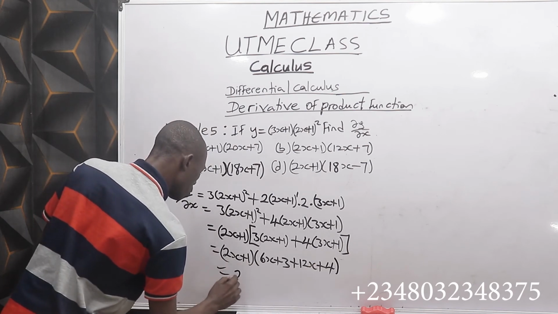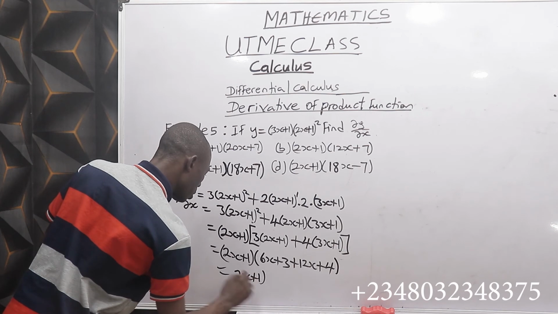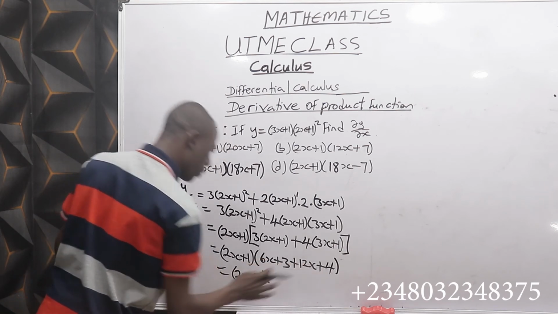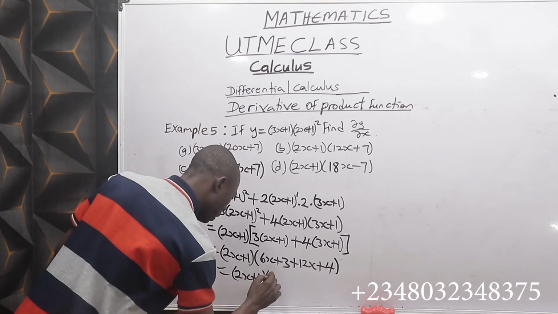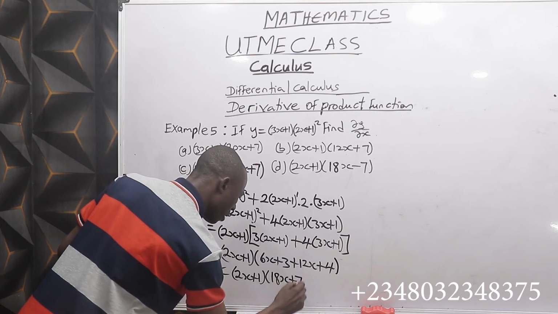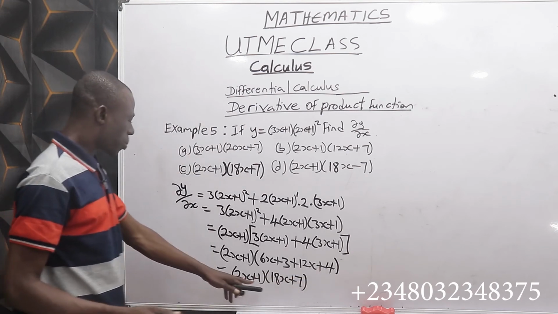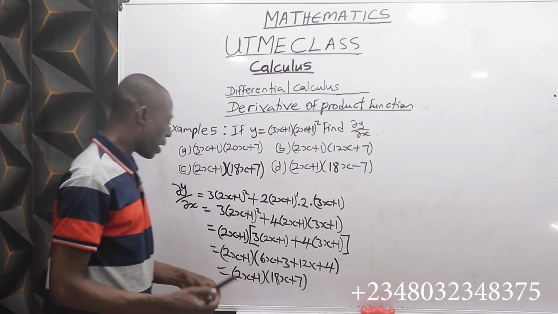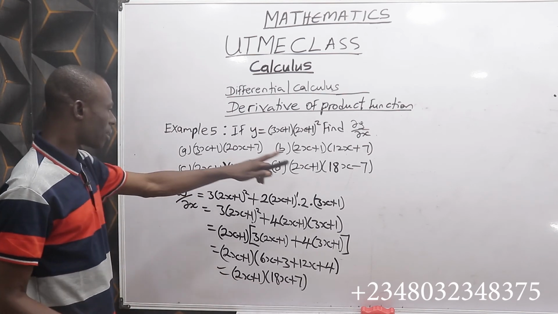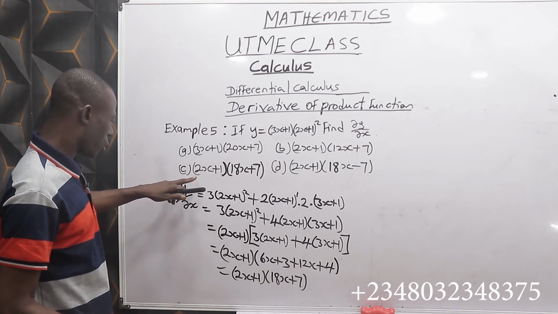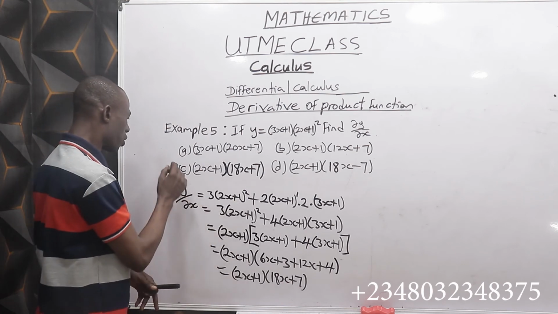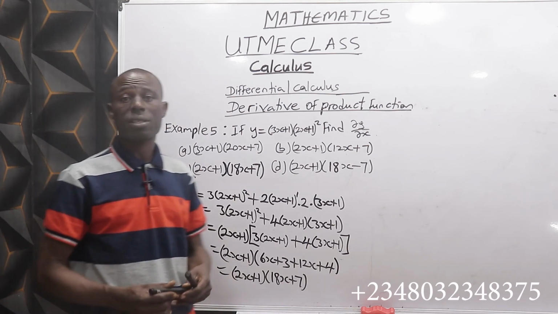So this is 2x plus 1 in bracket into 6x plus 12x, that should be 18x, plus 3 plus 4, that is 7. 2x plus 1 into 18x plus 7 is our final answer. And that tallies with which option? 2x plus 1 into 18x plus 7, that is option C. Option C is the correct answer.